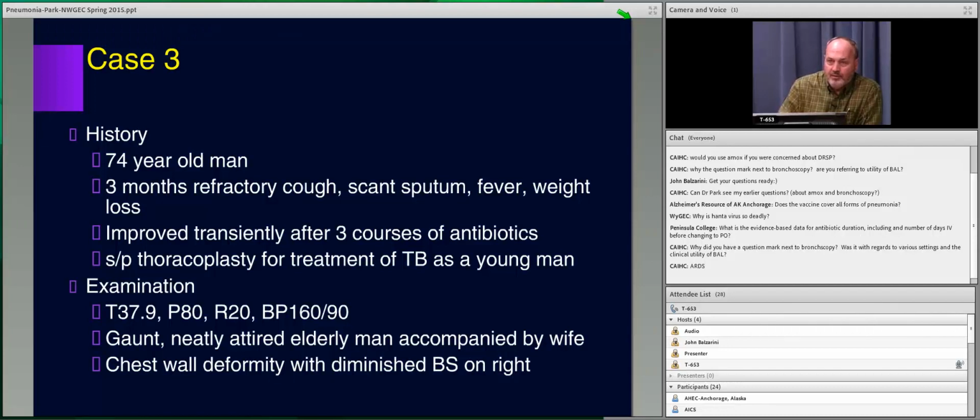All right. This one's a little better. Also odd. 74-year-old man. He's been coughing for 3 months. Scant sputum, low-grade fever, and weight loss. He's been treated with 3 different courses of antibiotics. Not sure what. He gets a little better each time, and then his illness returns quickly after he stops.